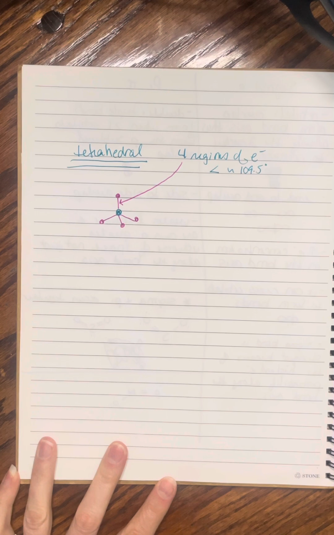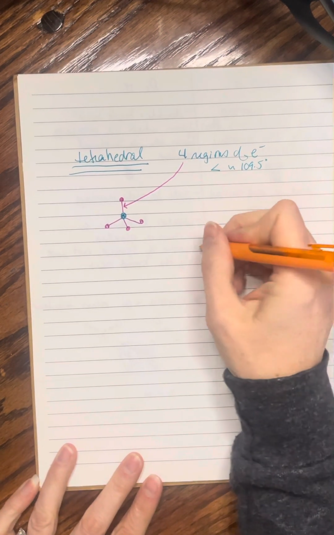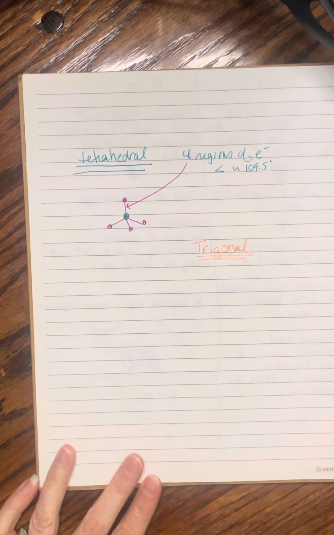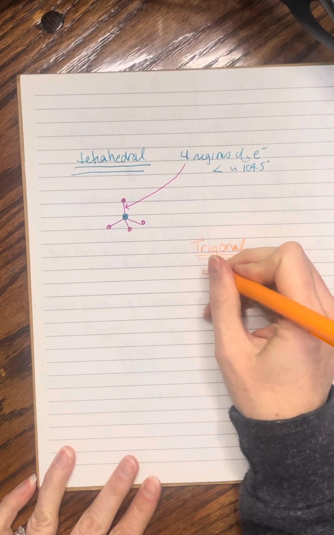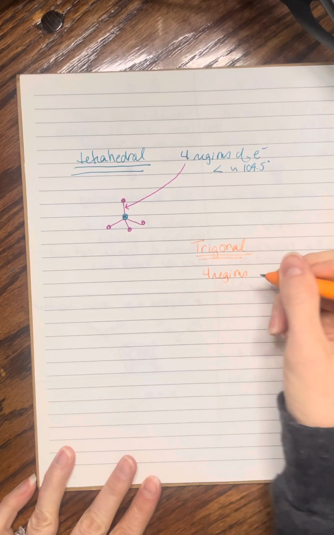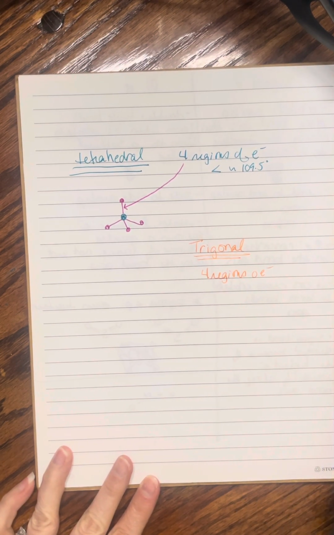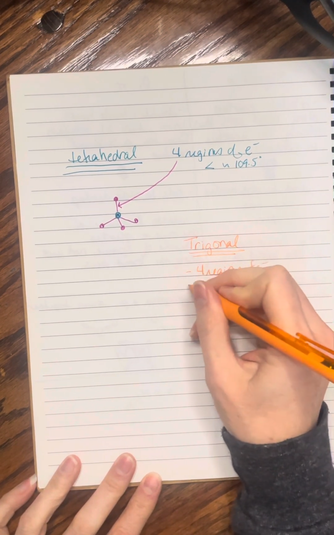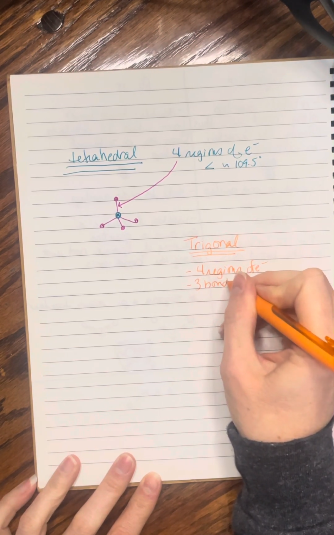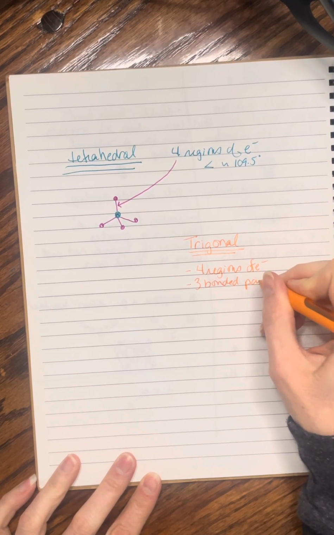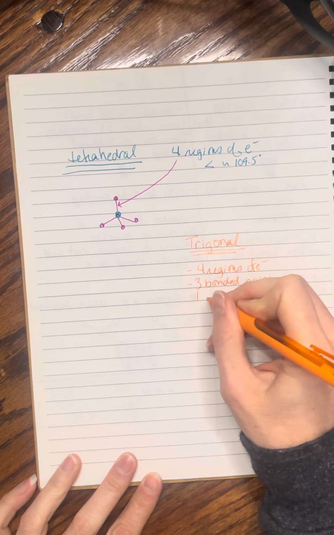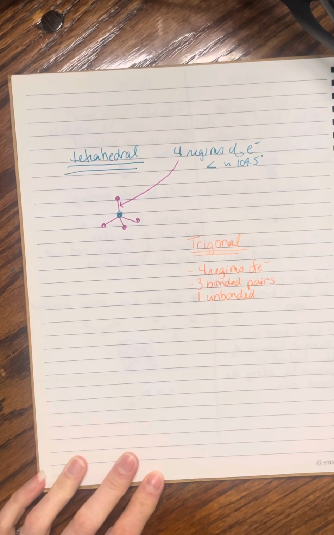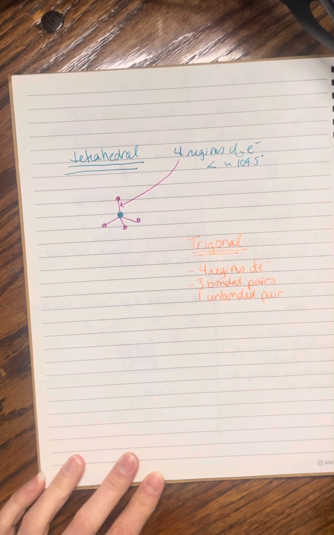Okay, let's see here. The next one is a trigonal, I think that's how you pronounce it. Trigonal. So this also has 4 regions of electron densities, and 3 bonded pairs and 1 unbonded pair.